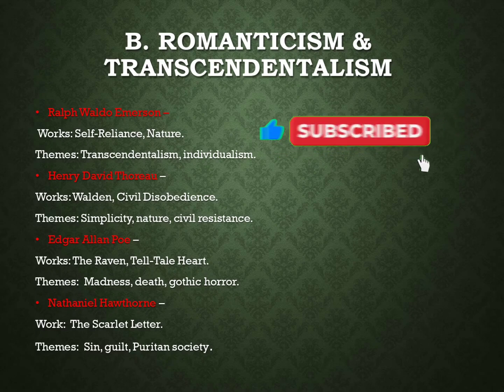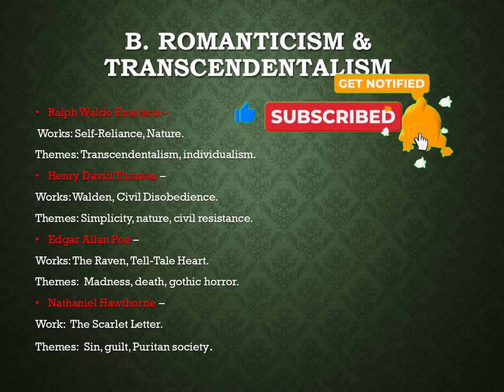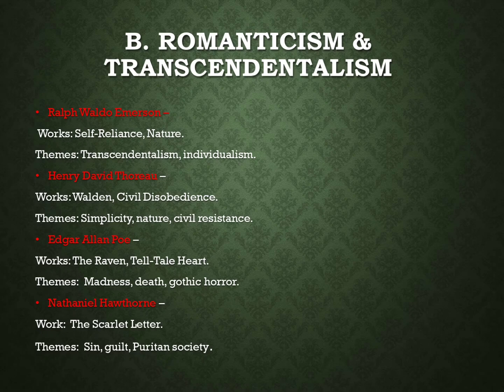Okay, the second writer that falls into this period of Romanticism and Transcendentalism is Henry David Thoreau. His masterpiece, Walden, is about living simply in nature, while Civil Disobedience influenced Gandhi and Gandhian philosophy. So Thoreau represents non-violent resistance and environmental consciousness.